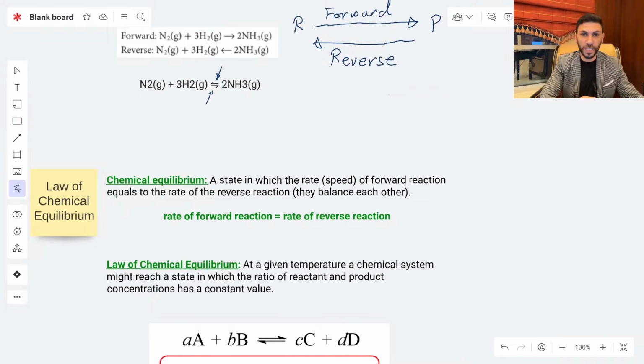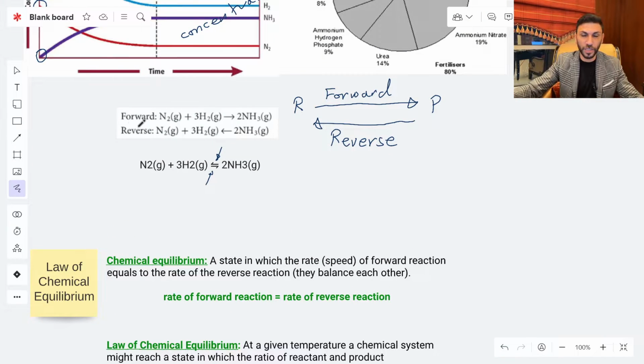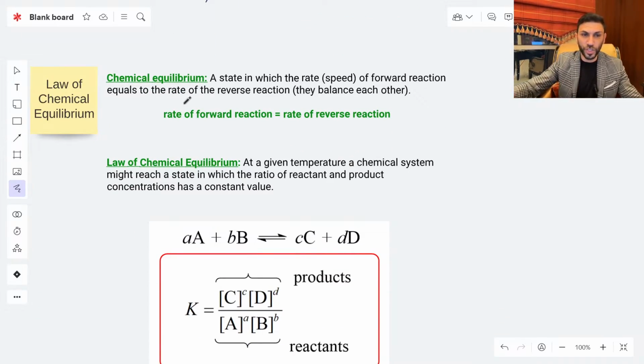That means if we look here at the forward reaction and the reverse reaction, we reach the equilibrium state where the rate of the forward reaction and the rate of the backward or reverse reaction equal each other. And this is the equation here: rate of the forward reaction equals rate of the reverse reaction.